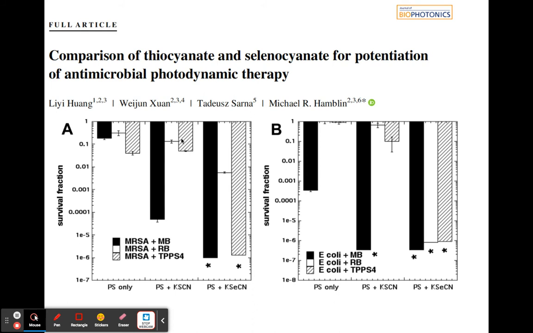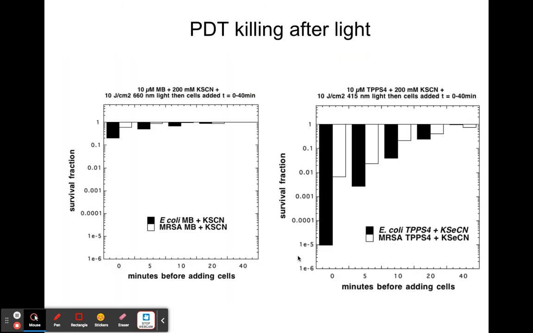So rose bengal and the porphyrin don't really work at all here, whereas selenocyanate works with virtually all of them and works a lot better. Thiocyanate doesn't really work to any extent when you put the cells in after the light. So you're not making a stable antimicrobial species with thiocyanate, but you are with selenocyanate, as we saw here.